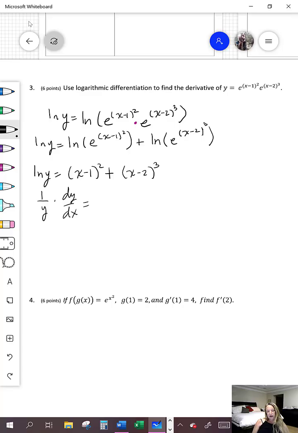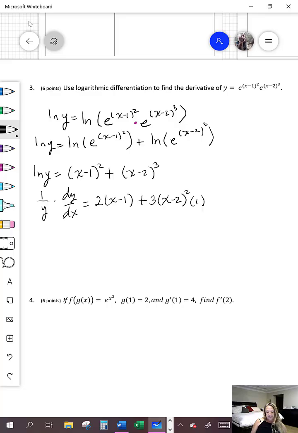Equals, so take the derivative of the right hand side, we're going to use the chain rule, bring our power down front: we got 2 times the inside, x minus 1, subtract 1 from the exponent, that's 1, times the derivative of the inside, which is 1, plus the derivative of (x minus 2) quantity cubed, using the chain rule, bring down the 3, we have 3 times (x minus 2), subtract 1 from our exponent, it's squared, times the derivative of the inside, which is 1.